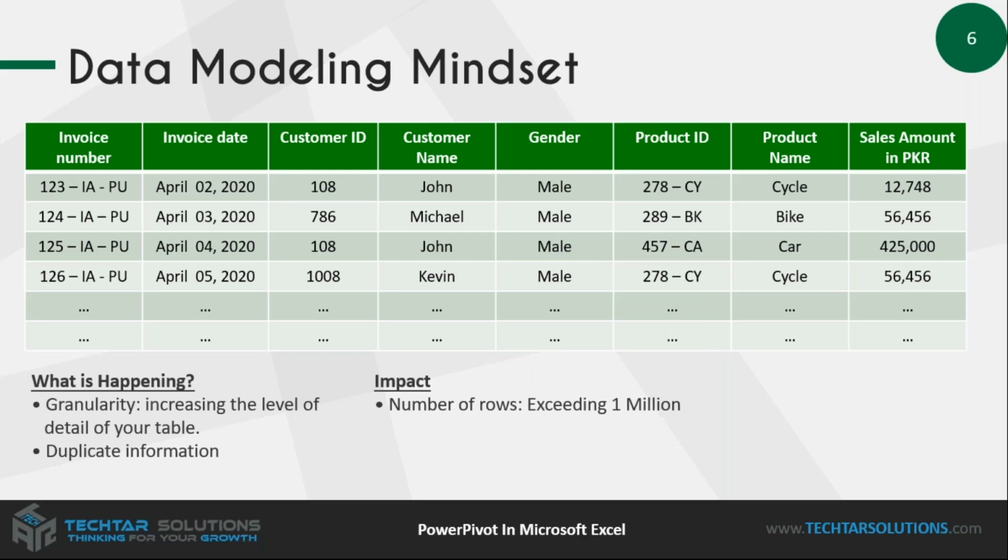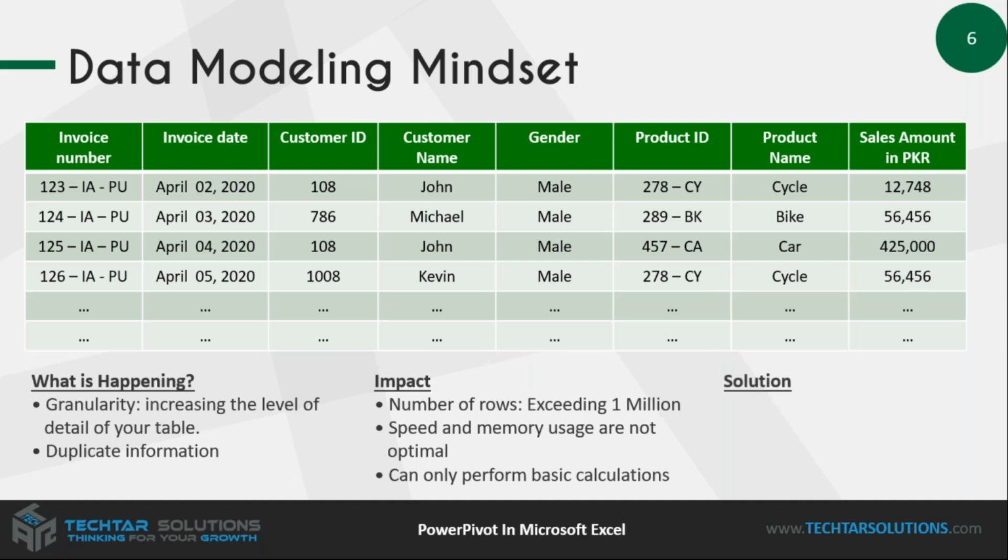Exceeding 1 million rows, it will start to fail, memory usage will not be optimal, and complex calculations will take time in performing the calculation metrics. So we have seen what we are doing with this data table. We are duplicating the information, we are increasing the amount of information in this table. We have also analyzed the impact of this information.